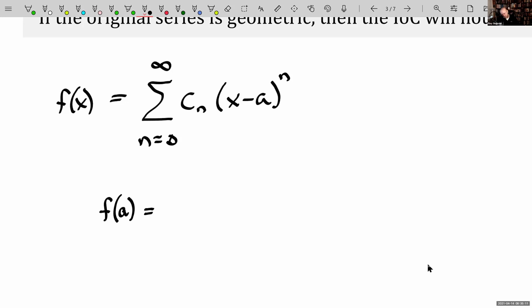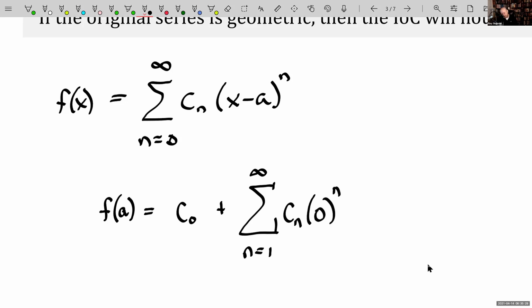So I'm going to say this is c naught plus the summation n equals 1 of c sub n times (x minus a) to the nth power. I just spit out the 0th term of the series so that I don't have to have this conversation about what is 0 to the 0th power. Now think about 0 to the first, 0 to the second, 0 to the third, 0 to the fourth.